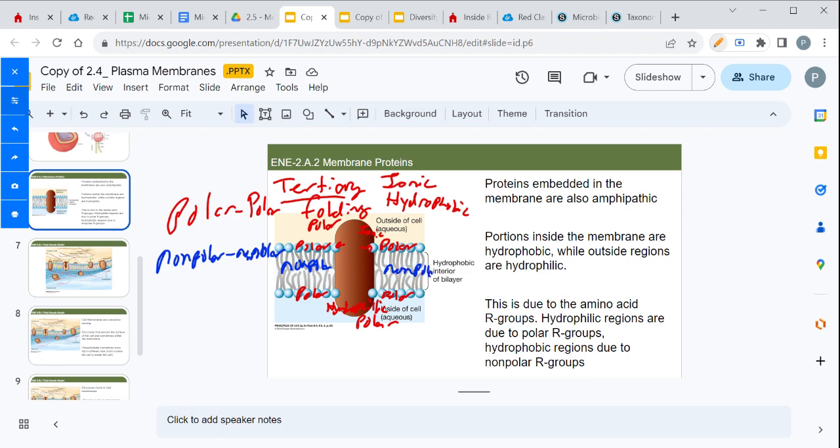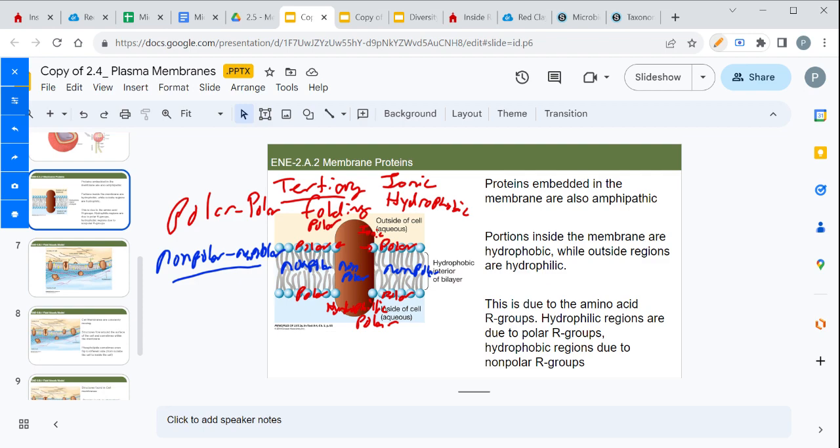That means the portion of the protein that is inside of the phospholipid bilayer is going to have non-polar segments in there, like those methyl groups, because this non-polar is going to want to interact with other non-polar stuff.